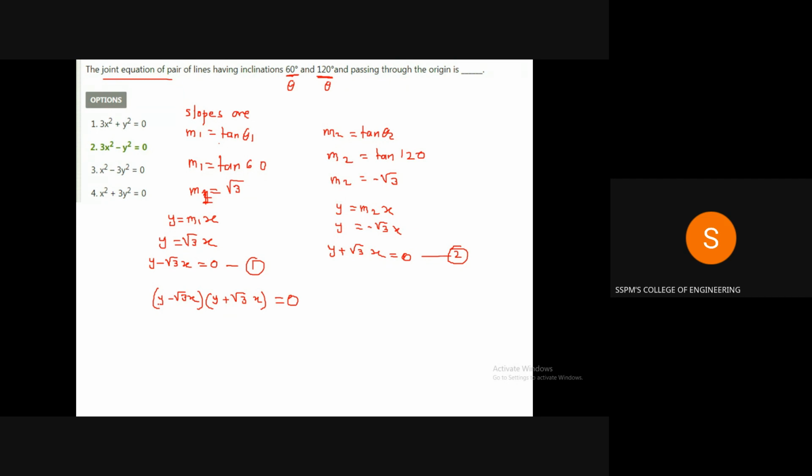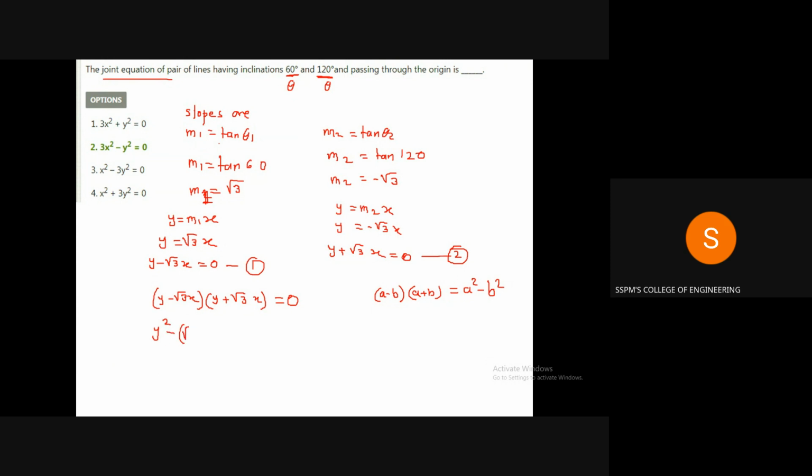So this is in the form a minus b, a plus b. So what can you write for this a minus b, a plus b? It is the expansion of a square minus b square, isn't it? It can be written as a square minus b square. So here a is y, so y square minus b squared, square of second term.